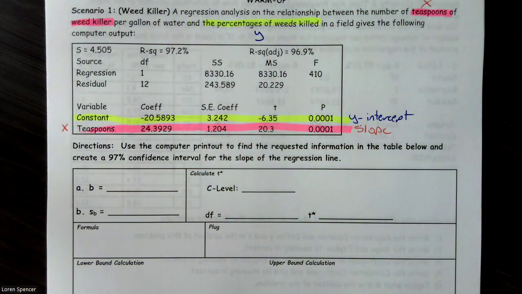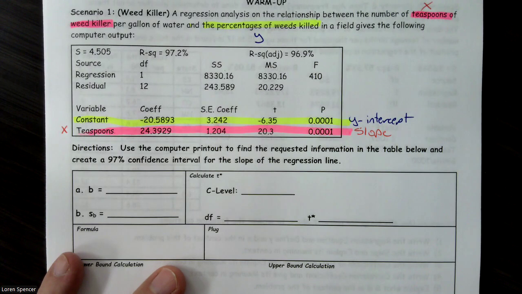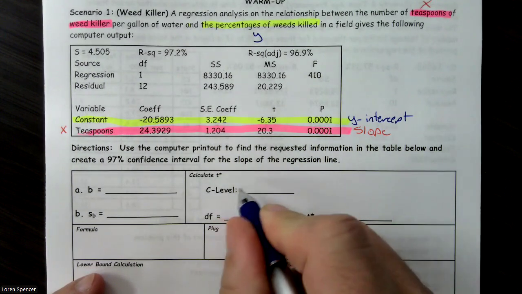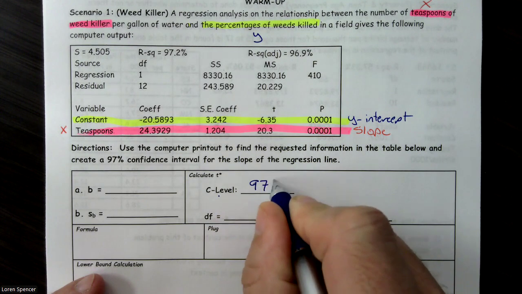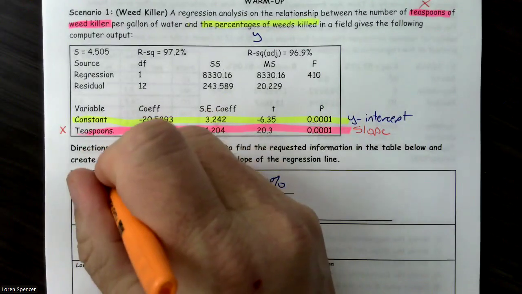Okay, so use the computer printout to find the requested information in the table below and create a 97% confidence interval for the slope of the regression line. I'm going to go ahead and write, even though it's a little out of order, the confidence level, 97%, because that's already been given. We already know that, so we might as well record it.